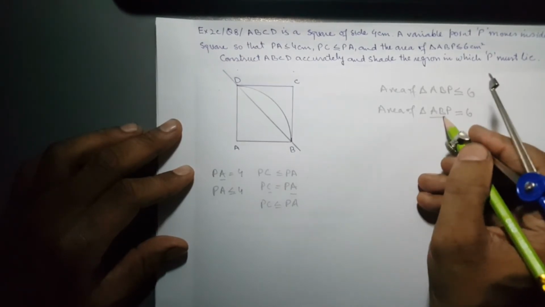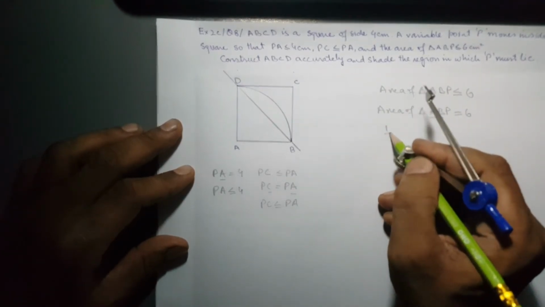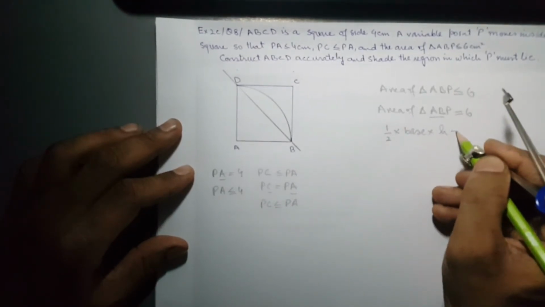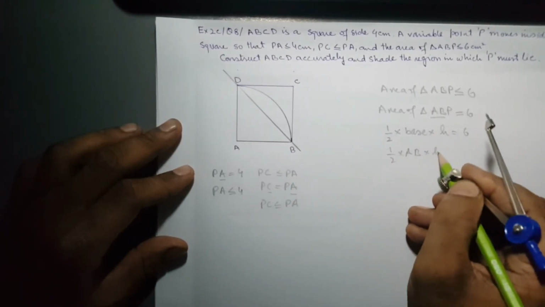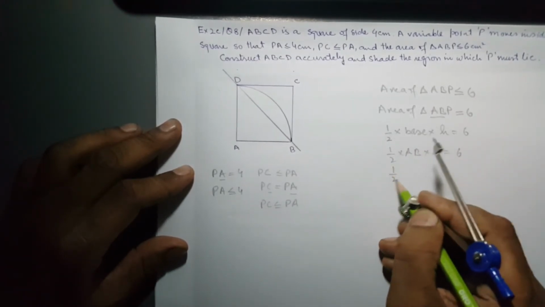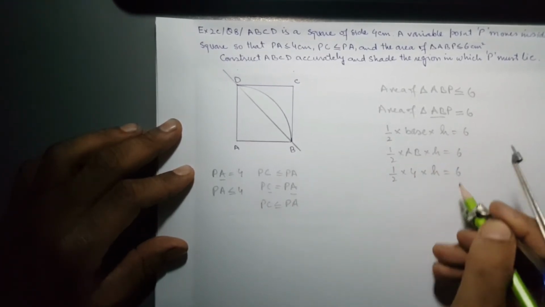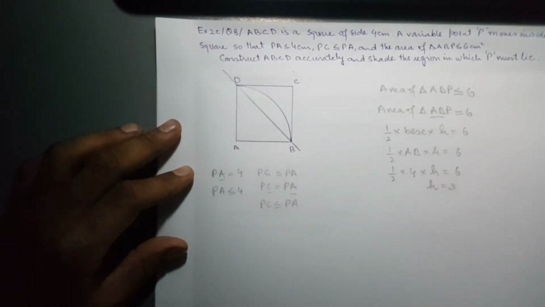Now fixed points are A and B. We will consider AB as the base of the triangle and use the formula for the area. Half into base into height is equal to 6. Half into AB into height is equal to 6. AB is equal to 4. H is unknown. H is equal to 3. Now the height of the triangle should be equal to 3 so that the area is 6.